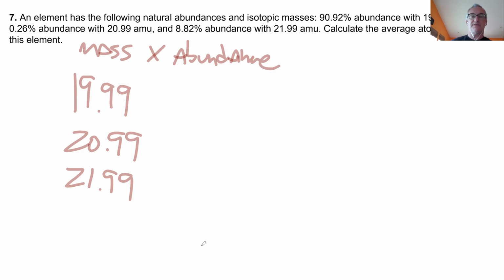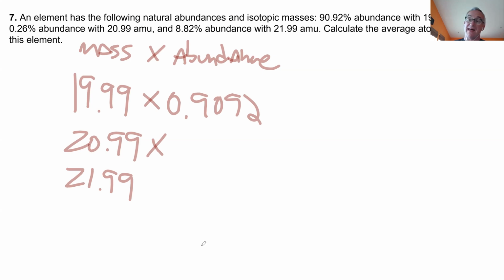So what's the abundance for the 19.99? 90.92. Right. So what do we multiply the mass by? 0.9092. Right. And what about the next one? What's the abundance of that one? 0.26%.